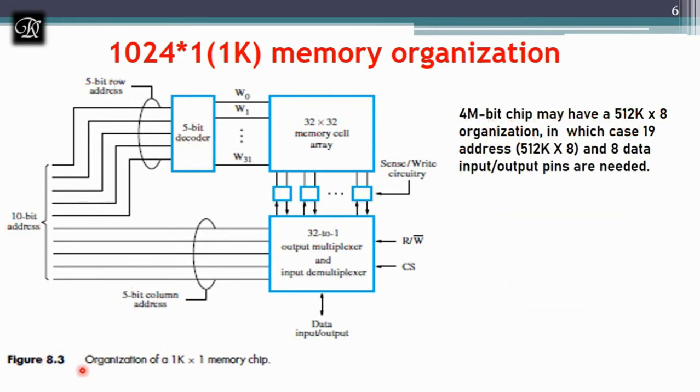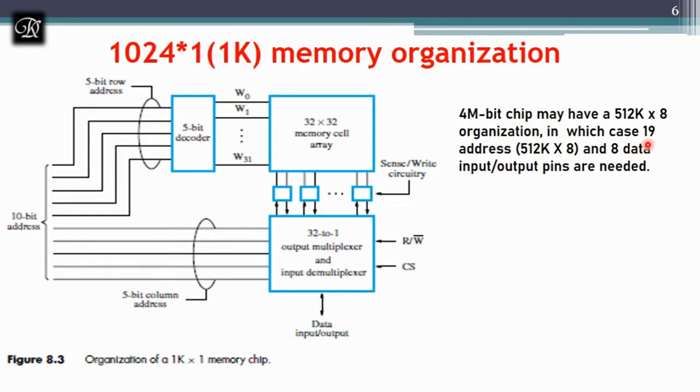Yeah. Now, what we can do here is, I have taken one more 4 megabit chip, which has 512K cross 8. It means I'm going to use it now in terms of megabit. So when I'm going to use it in terms of megabit, how many address lines are required? I need a total of 19 address lines.